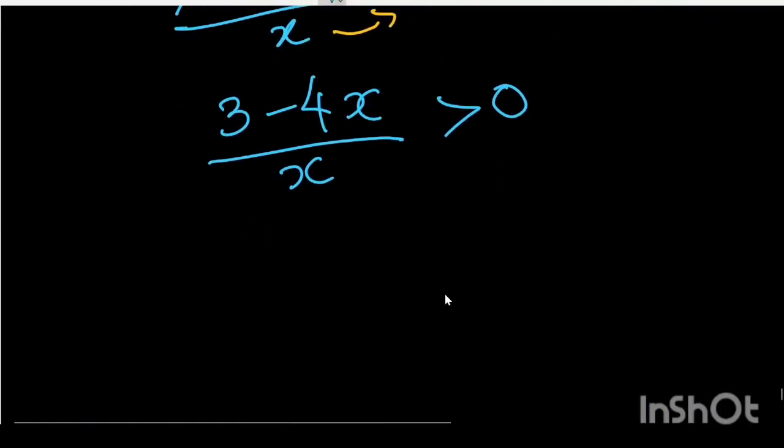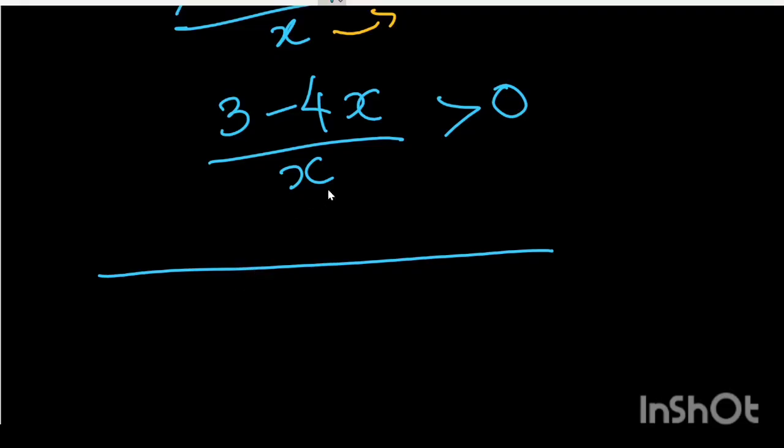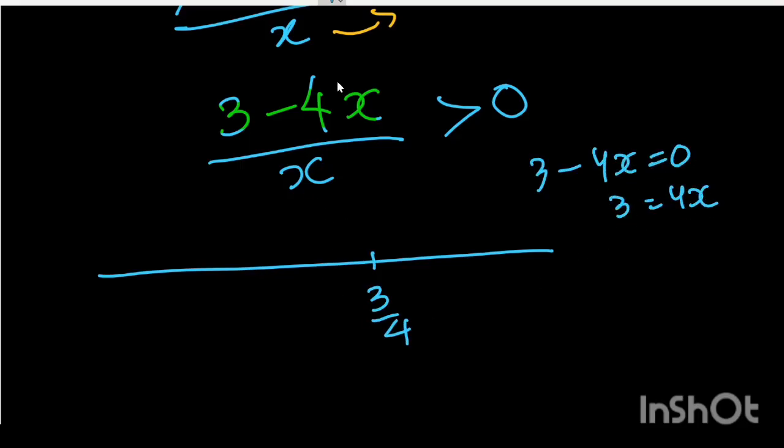So now again we will use wavy curve method and we will plot the zero corresponding to 3 minus 4x, which is 3 by 4, because if you equate 3 minus 4x to 0, 3 equals 4x, x is 3 by 4, and the pole x, that would be 0.